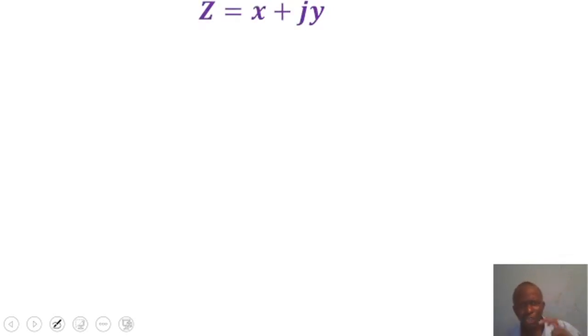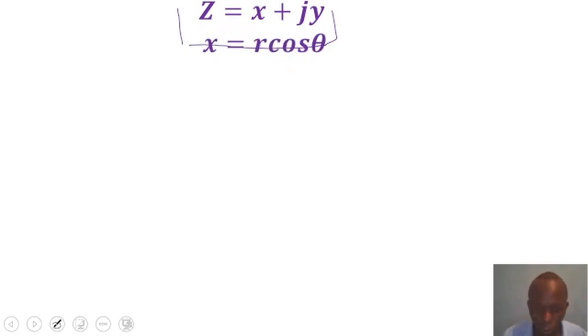We all know that the Cartesian form is z is equal to x plus jy. Now, we've just seen also that x is equal to r cos theta, because x is the horizontal component.